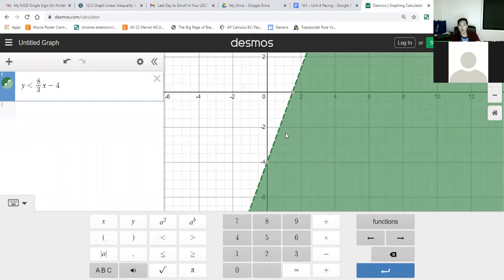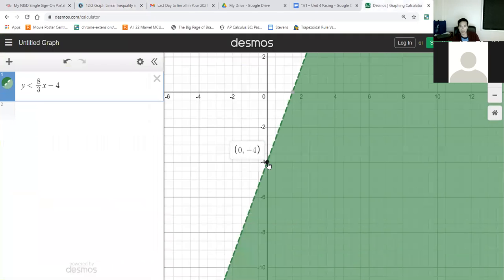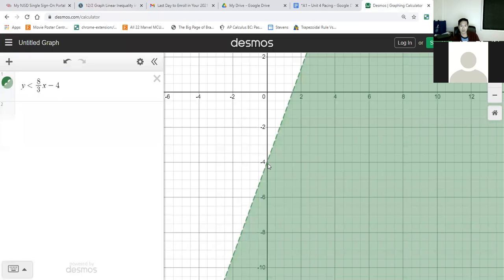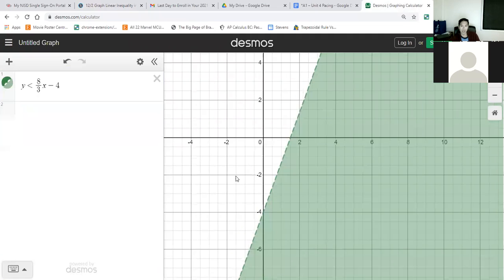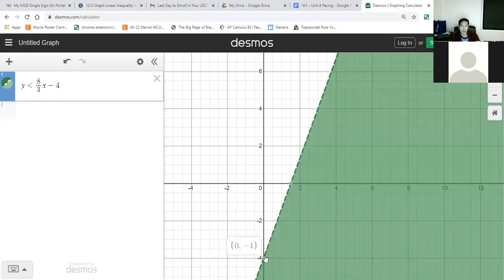And that's exactly what I have. See right here? That's my graph right there. That's my y-intercept. And notice here, it's shaded all below and it's a dashed line.